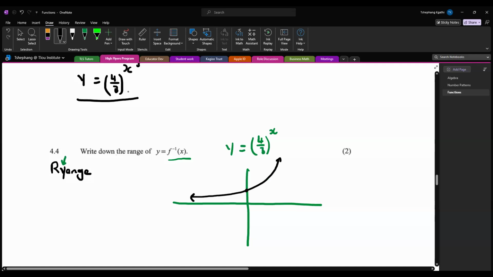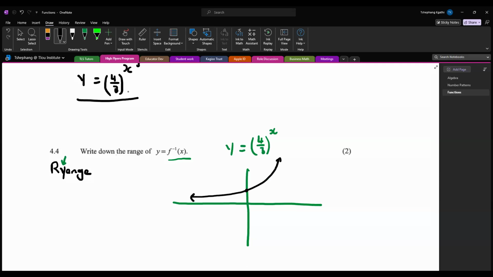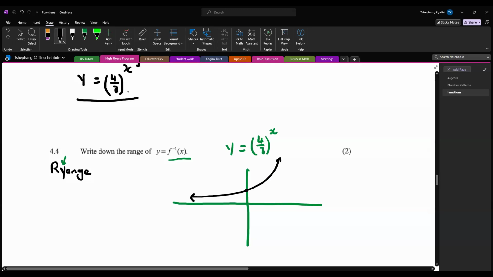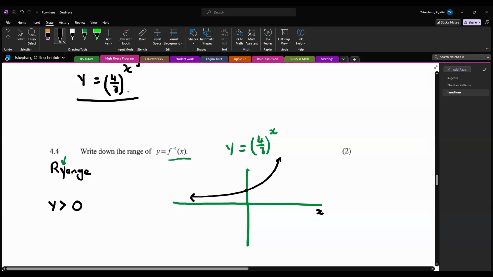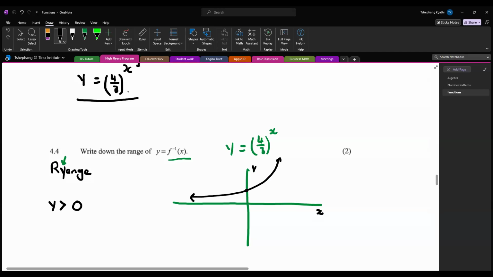Now, what is the range of this? This is very important: the range of the inverse, not the graph that they had given you to start with. The y values where our graph exists would simply be y greater than 0. Do not say equal to 0, because if you say equal to 0, then you're saying it eventually touches the x-axis somewhere, and we know that it will not touch the x-axis in this case.